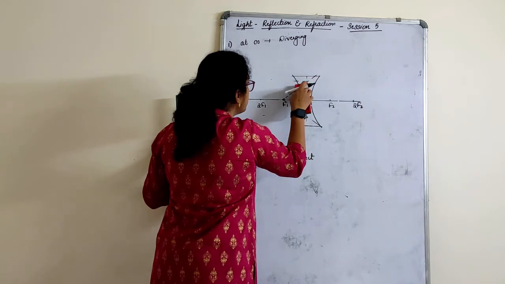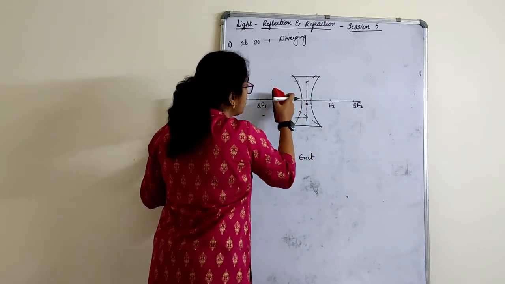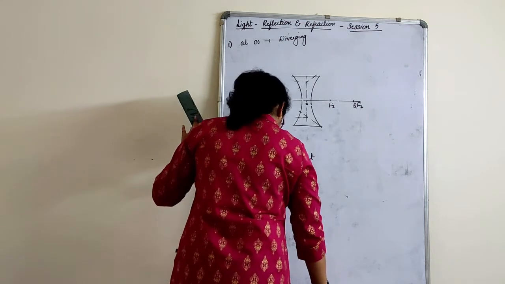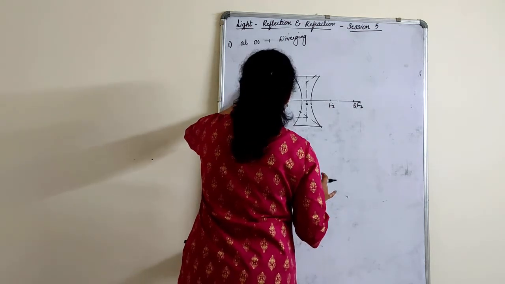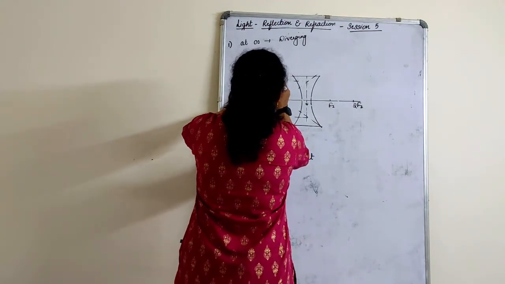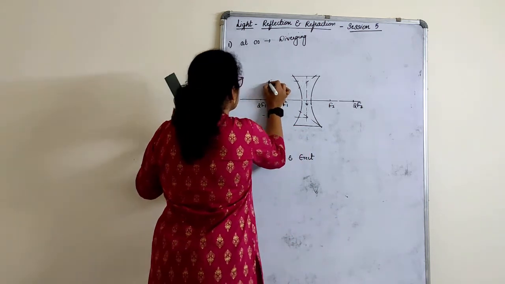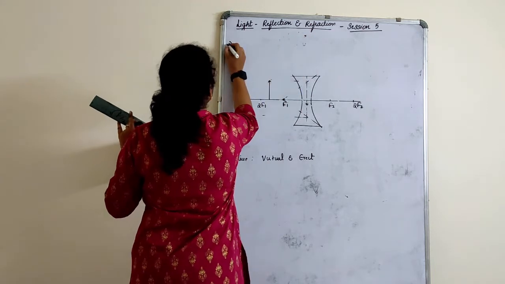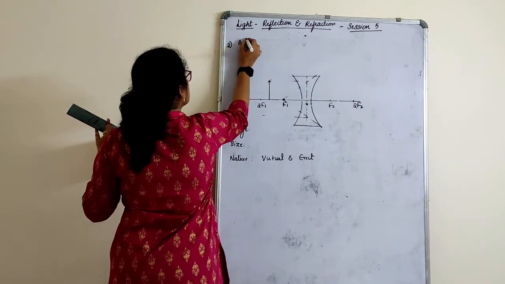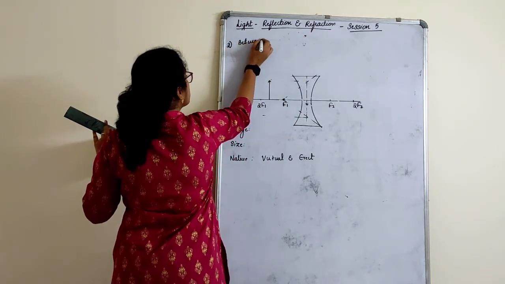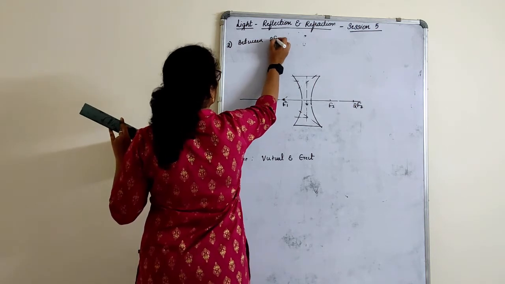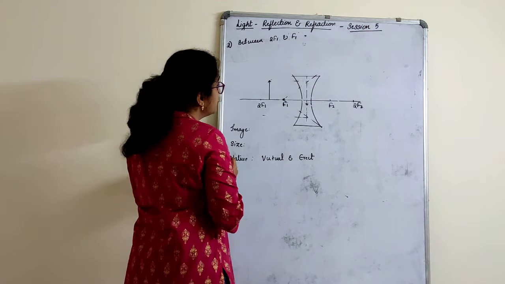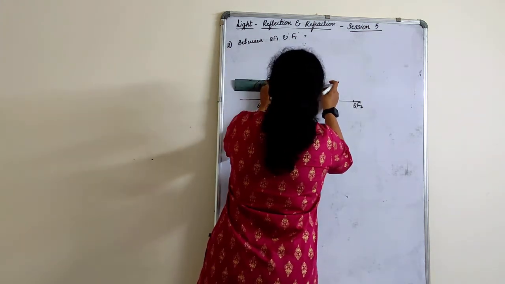For the first mirror, I had asked you all to make some tabular column. Same thing you all can do for this also. So, object is kept between 2F1 and F1, between the first focus.